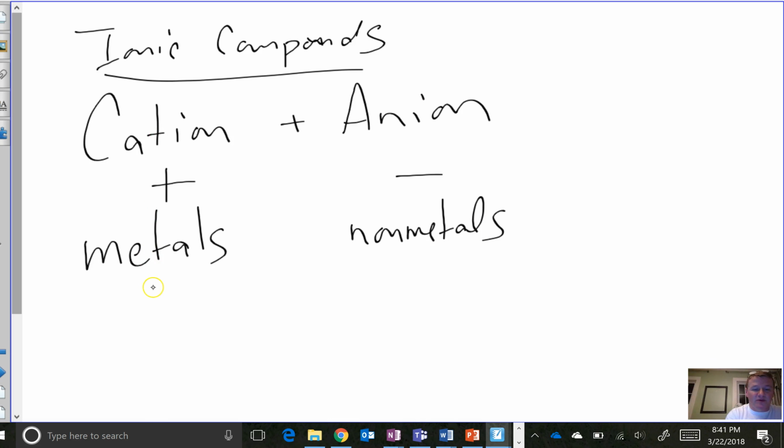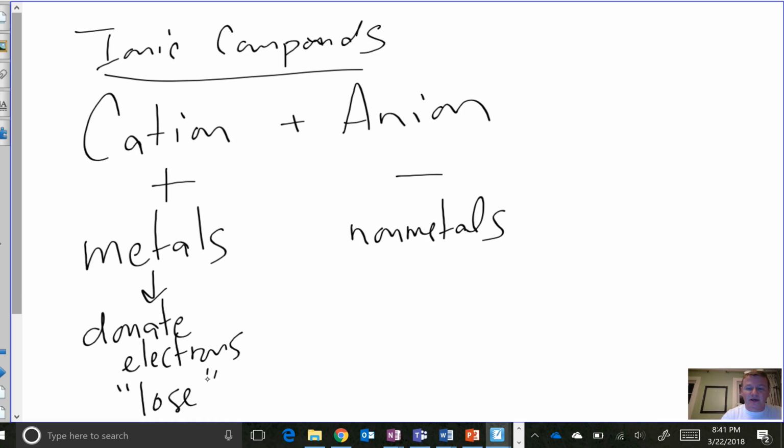Cations are formed with metals, and that's because they donate their electrons, or we can think of that as losing their electrons. We use those terms interchangeably. Whereas nonmetals, on the other hand, we say that they accept those electrons, and sometimes we say that they gain electrons.